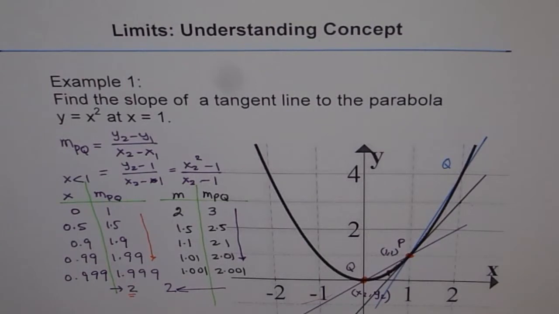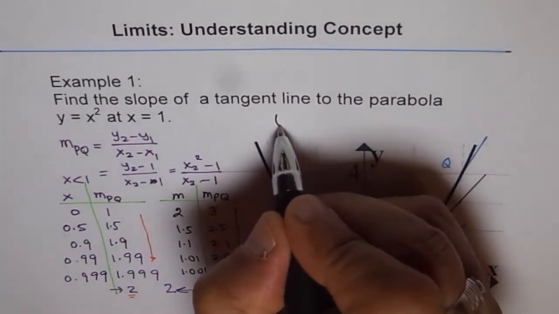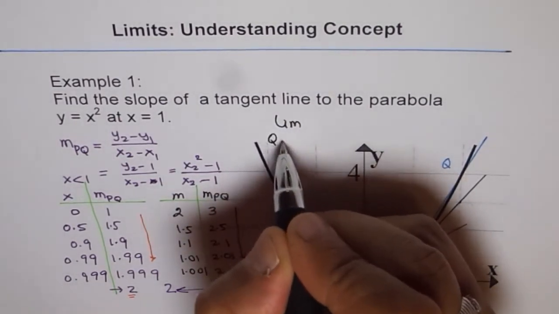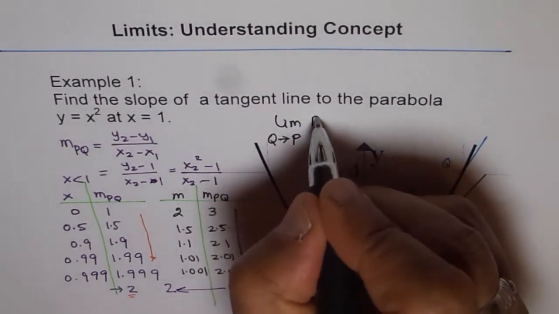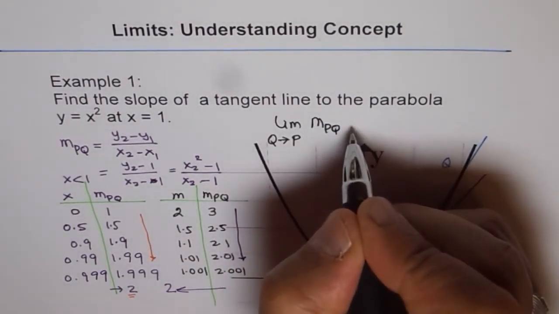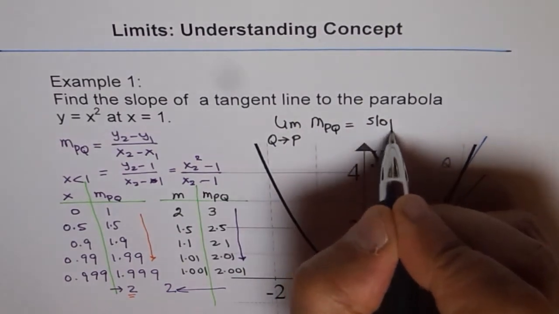So what we learned here is an application of the concept which we developed in the previous video. That is, the slope of the secant becomes the slope of the tangent as the limit of Q approaches P. So we'll write that definition once again in the limit form: limit of Q approaching P, as Q approaches P, the slope of the secant, m_PQ, becomes the slope of the tangent, right?